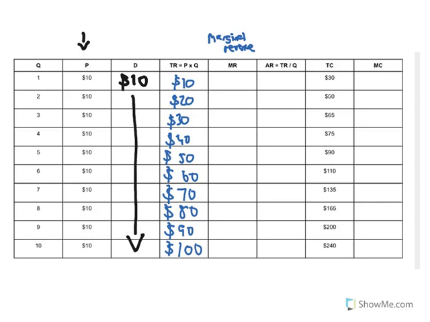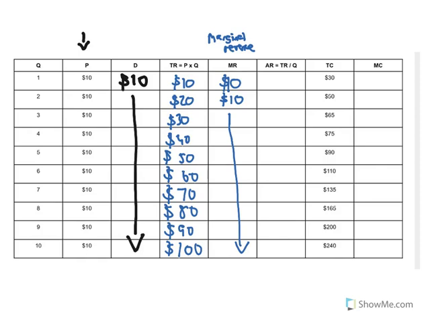So if I produce, for example, 1 unit instead of 0 units, how much do I gain in total revenue? The answer here is $10. Well, what about if I go from selling 1 unit to 2 units? I go from $10 to $20, so again, I gain $10. And if we kept doing that, you would notice it's $10 all the way down.